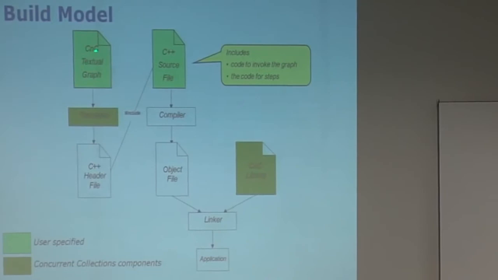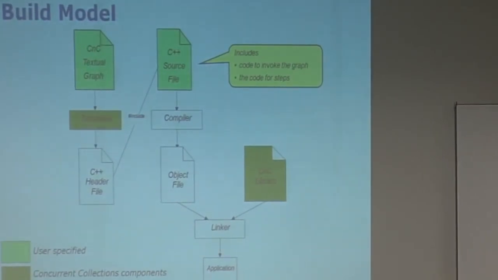You put in the textual graph, if that's how you're getting into the model, and after the textual graph creates some hints file, or maybe directly, you put in the code for your steps. This does a translation which produces not only the step framework, the skeleton, but it also produces some header information. That gets compiled, I have to say, by any C compiler.